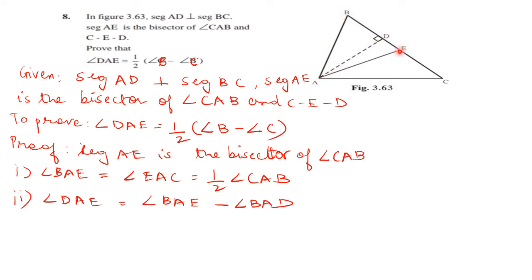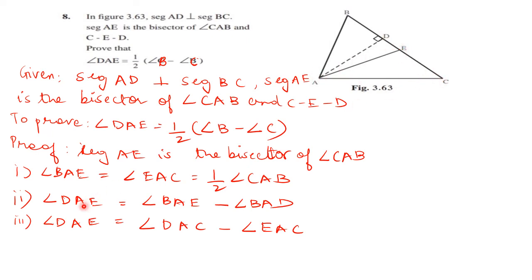Then therefore your angle DAE is equal to angle DAC minus angle EAC. So if you consider this part, angle DAE is equal to angle DAC minus angle EAC.